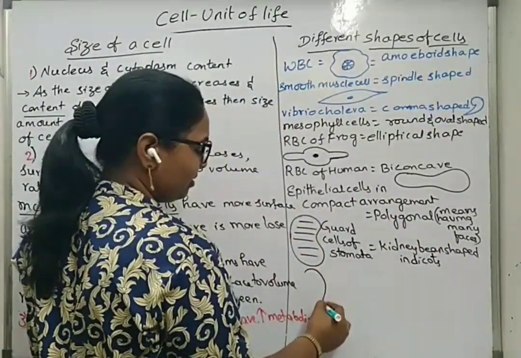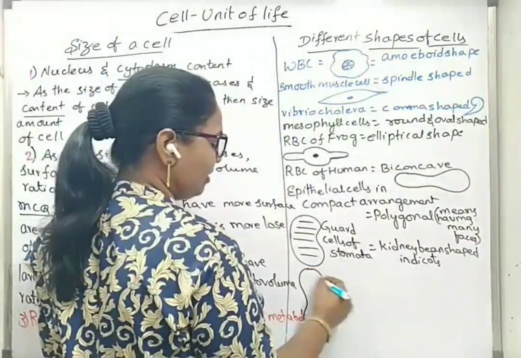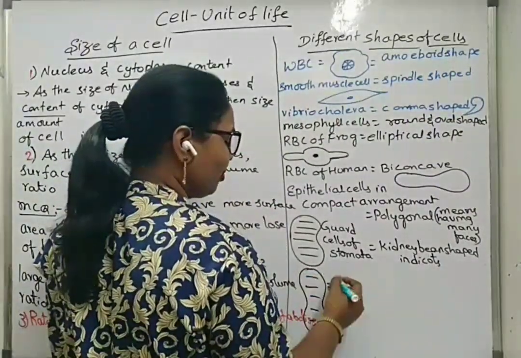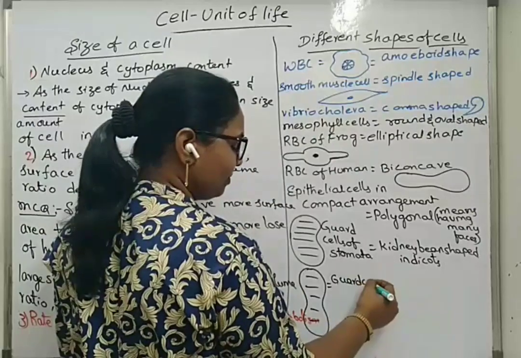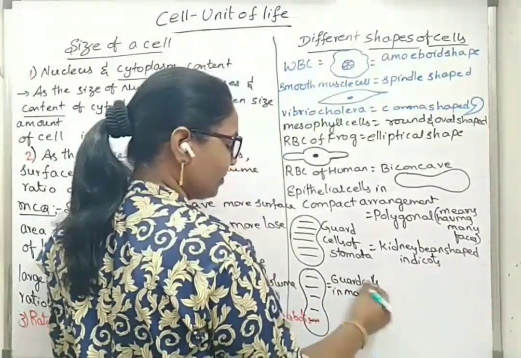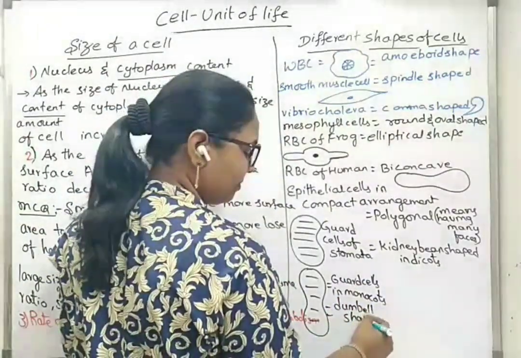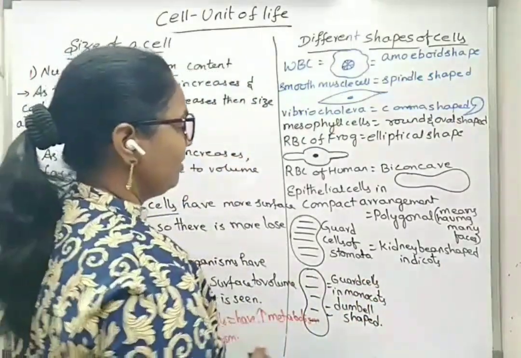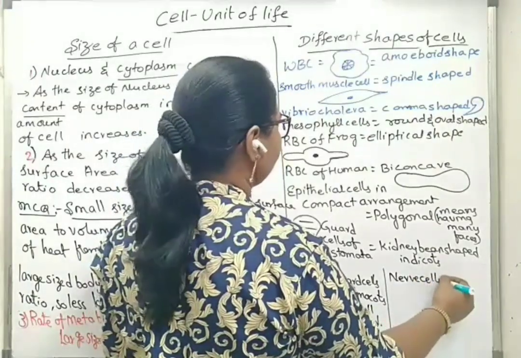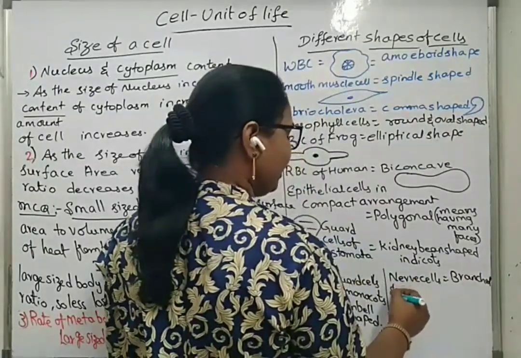Next, the same guard cells in monocots. That is dumbbell shaped. Next, nerve cells, branched and elongated.